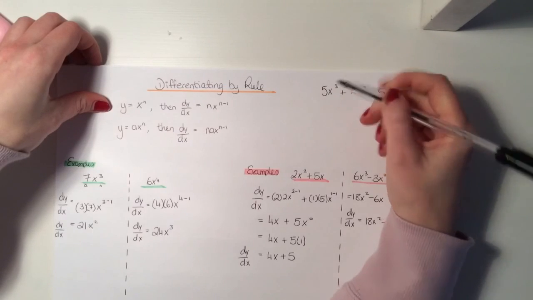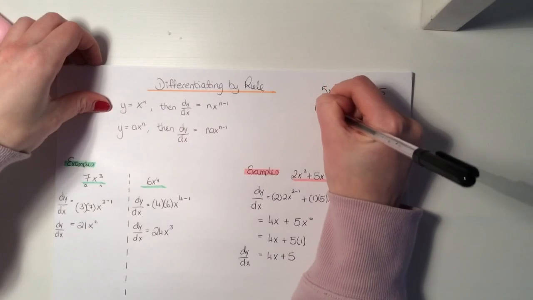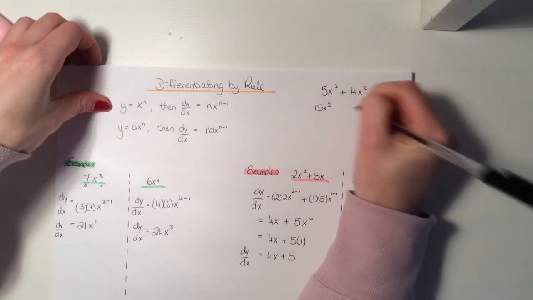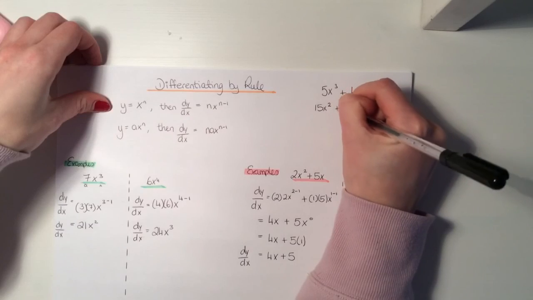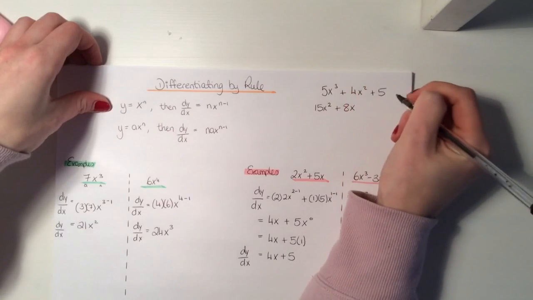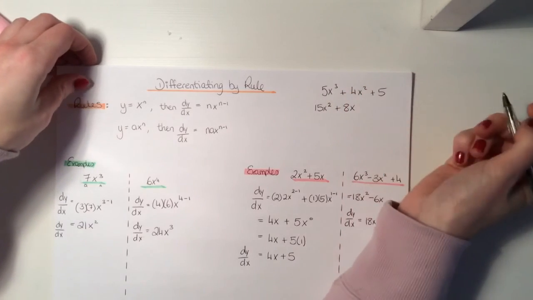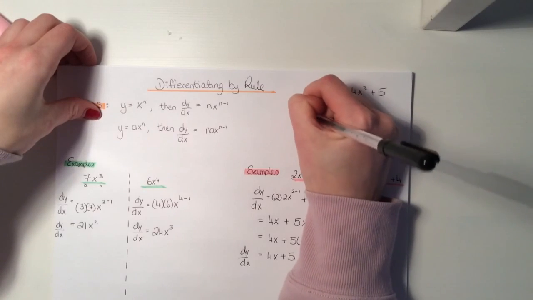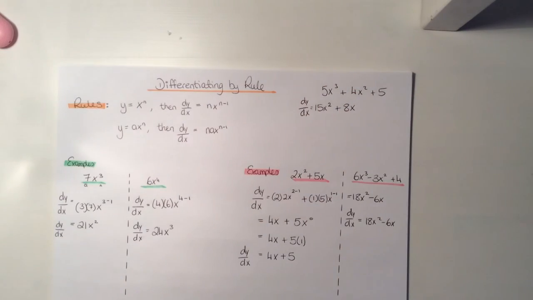So 5 times 3 is 15, 3 take away 1 is 2. 2 times 4 is 8, 2 take away 1 is 1. Constants disappear. So that is your dy dx. That is it, differentiated. So you can see this is a much quicker way of differentiating compared to first principles, and you get the exact same answer. This is the method that we'll use for the majority of the time during calculus.